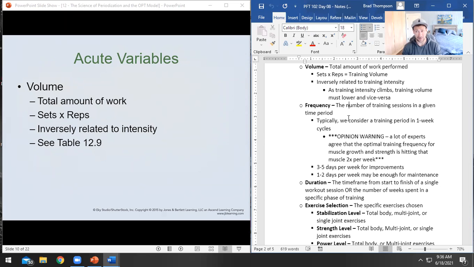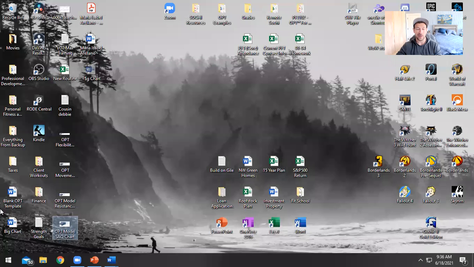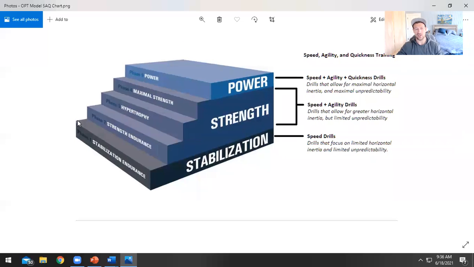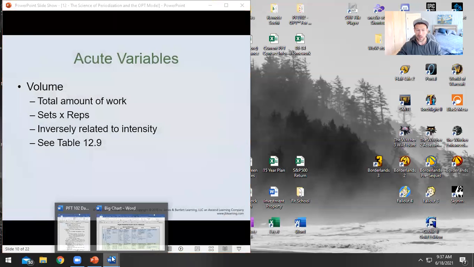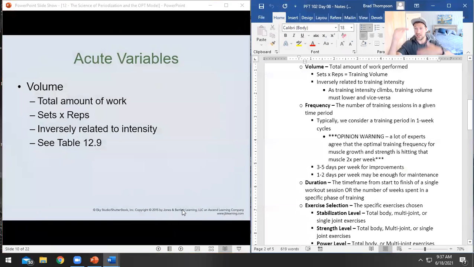That's a lot of volume. Well, that's okay to have a lot of volume like that, because you're pretty low on the OPT template. But as we go up, our volume overall has to go down. That's why we're only doing maybe 5 repetitions for maybe 5 sets, or up to 6 sets. So you're only doing a maximum of like 30 repetitions per workout. That ensures that you're not going to injure your client. So there is an inverse relationship with training volume here.